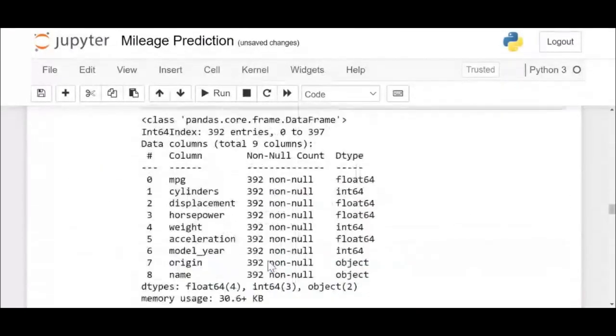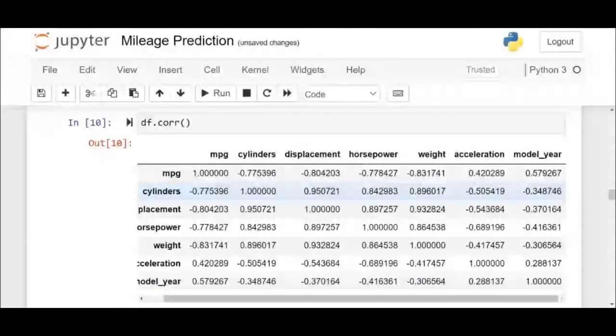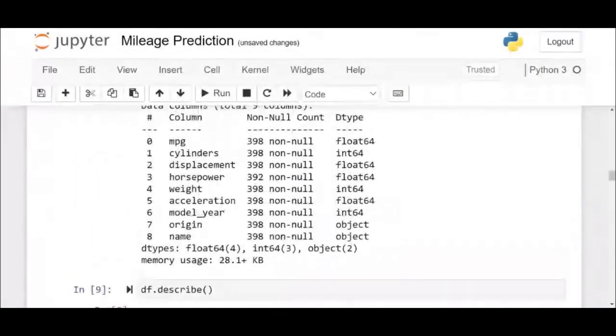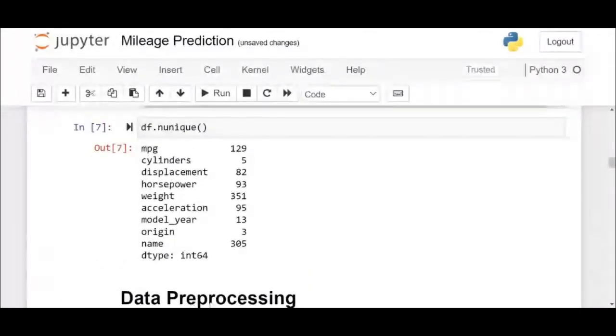Based upon our discussion, for mileage, there are 305 unique names, and the origin of the company. For this particular exercise, we are not considering the make or the year of the model, the origin of country, or the name of the model.